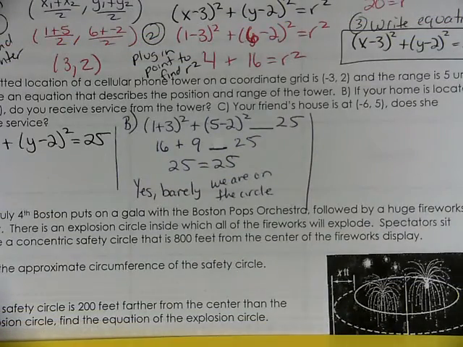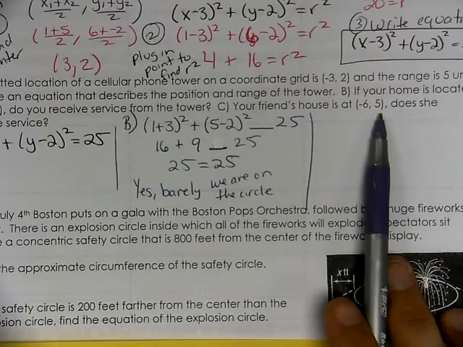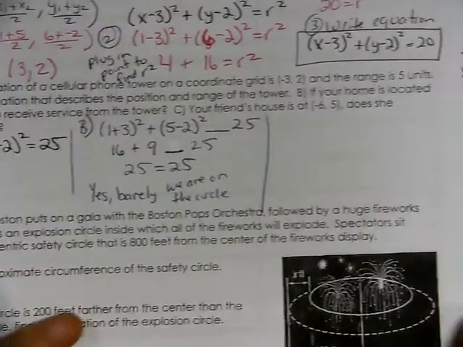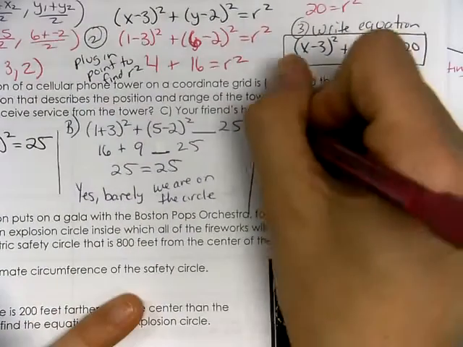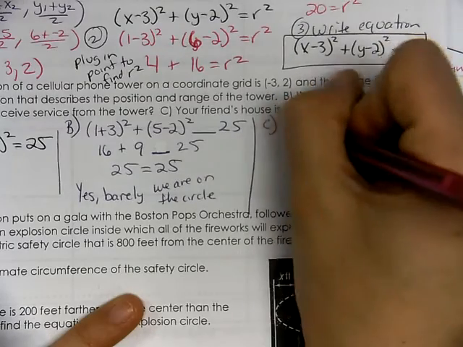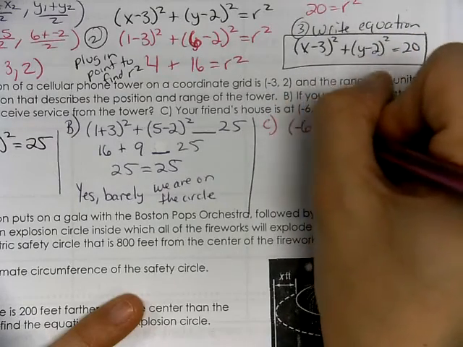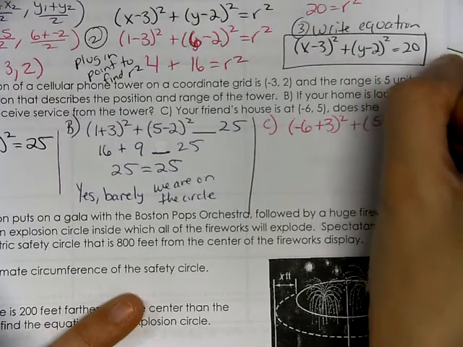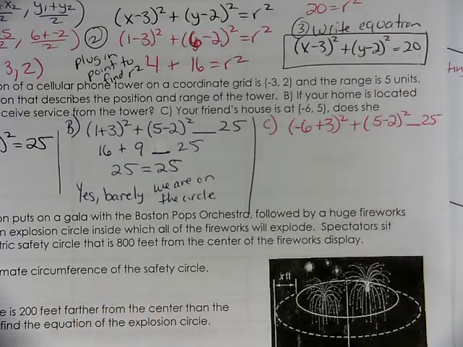Your friend's house is at (−6, 5). Does she receive service? So we're going to do the same thing. Plug in (−6, 5). (−6 + 3)² plus (5 − 2)² is what compared with 25?